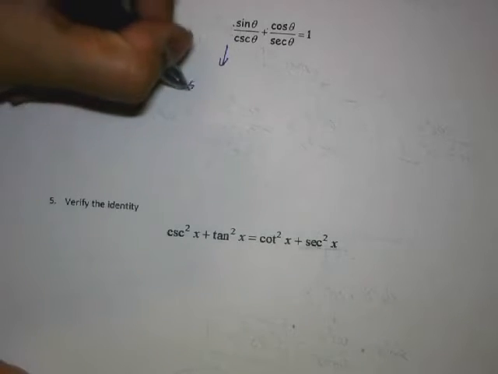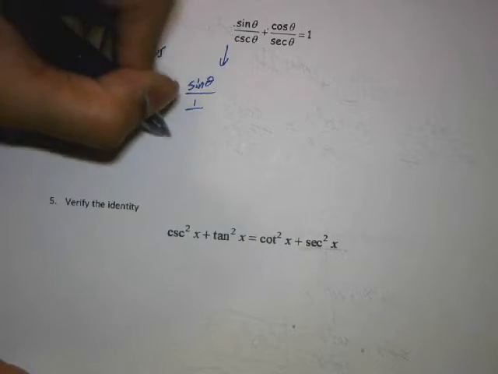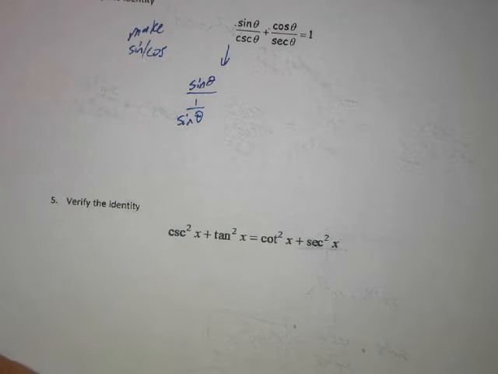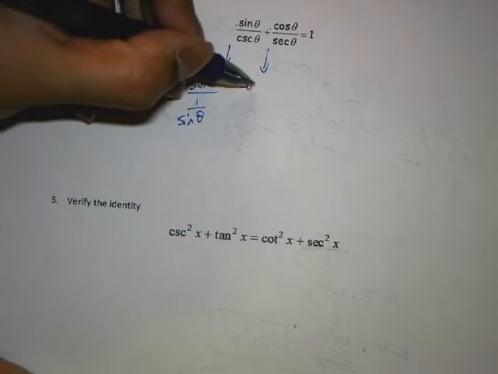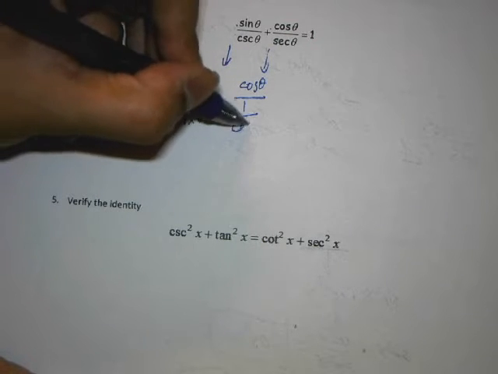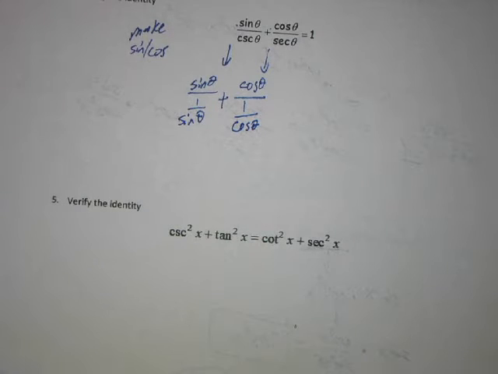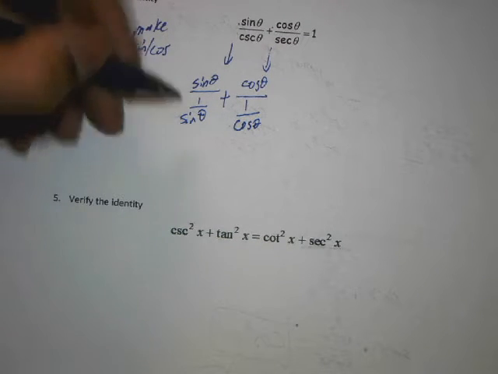So if I change that, sine theta over cosecant becomes sine theta over 1 over sine theta, okay? And the second one is going to be cosine theta over 1 over cosine theta, okay? Now, in order to simplify these fractions, we're going to end up flipping this bottom one and multiplying it to the top, right?